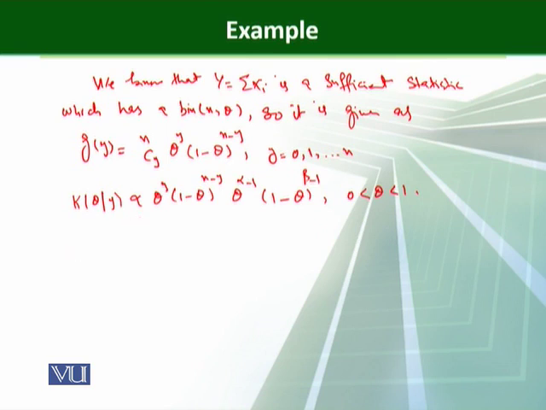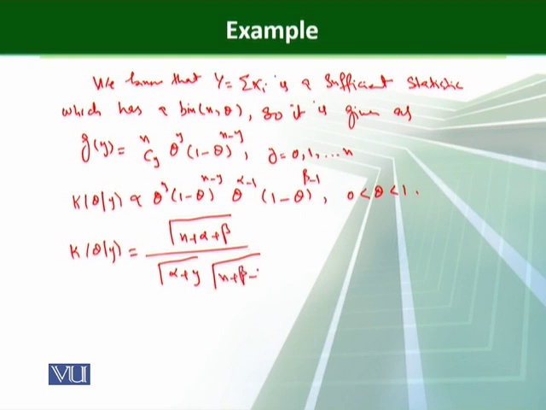By putting in the respective constants, we can find it as k of theta given y, that is gamma of n plus alpha plus beta over gamma of alpha plus y into gamma of n plus beta minus y, theta raised to power alpha plus y minus 1 into 1 minus theta raised to power beta plus n minus y minus 1, and it is 0 less than theta less than 1, and y is from 0, 1 up to n.